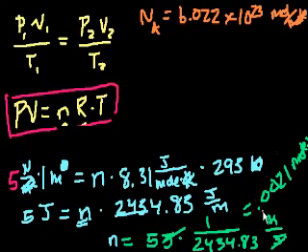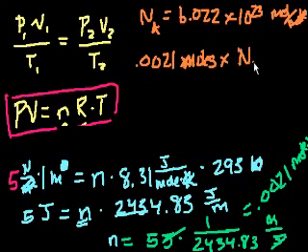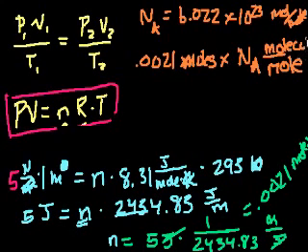So if I have 0.0021 moles, how many molecules do I have? Well, I just multiply that 0.0021 moles times Avogadro's number, molecules per mole. So then the moles will cancel out.